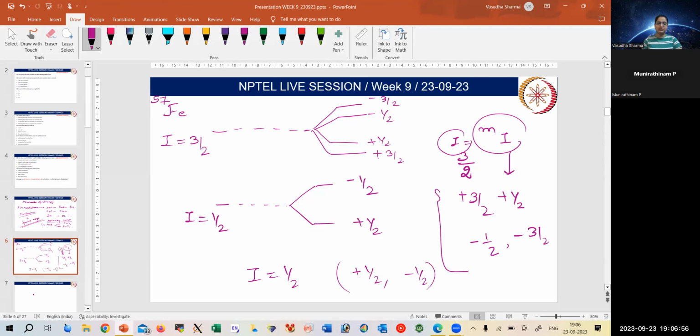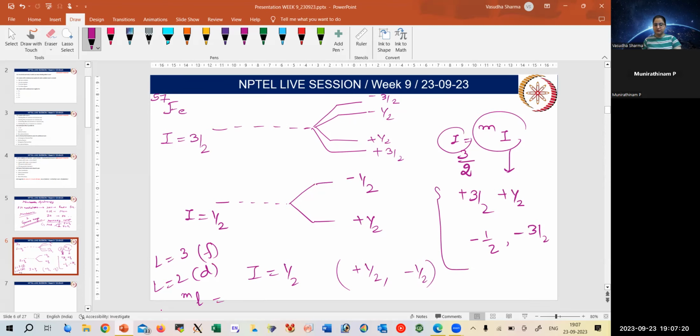It happens in a similar way with the quantum numbers we know. For example, the L value is 3 for f orbitals, or 2 for d orbitals. When we talk about d orbitals, the L value is 2, that's the quantum number, but the ML values go from +2 to -2: +2, +1, 0, -1, -2.